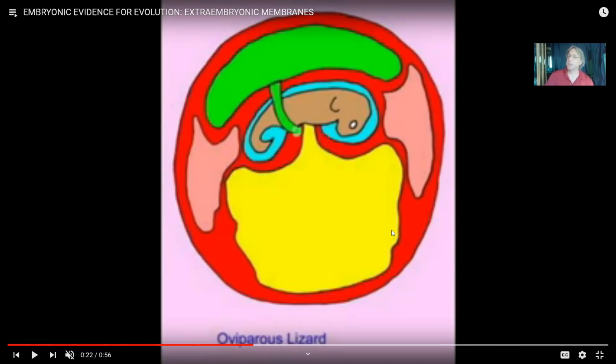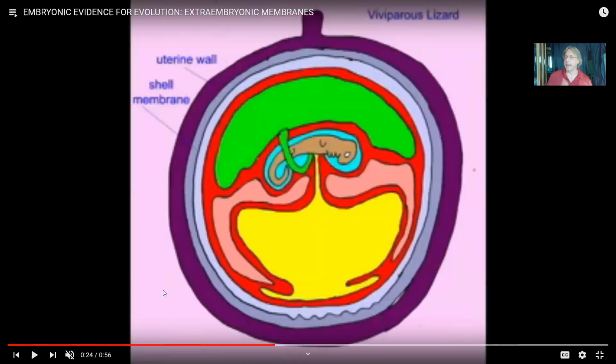So the early reptiles, the early amniotes, then had 4 extra embryonic membranes around themselves: an amnion, hence the name, a chorion, a yolk sac, and an allantois. And these extra embryonic membranes come in handy when an embryo is developing in an egg.